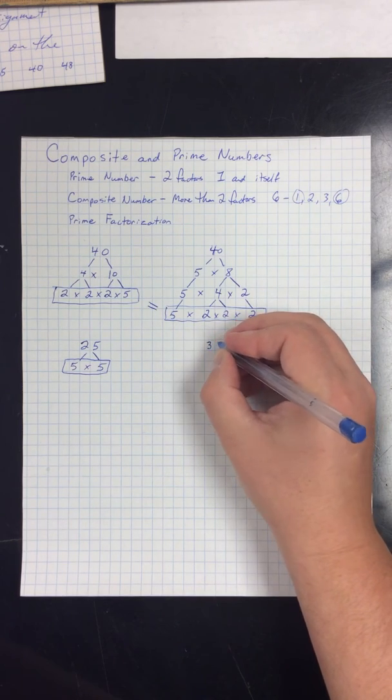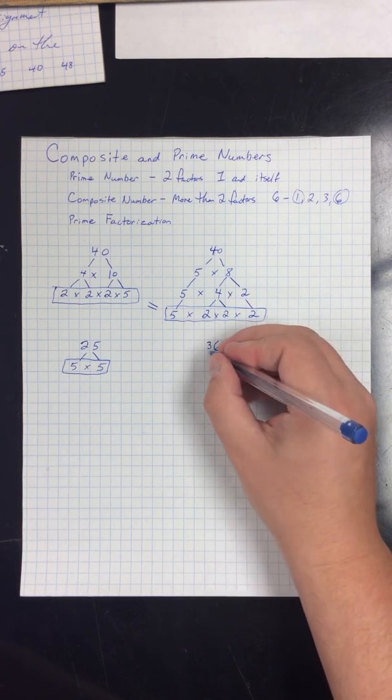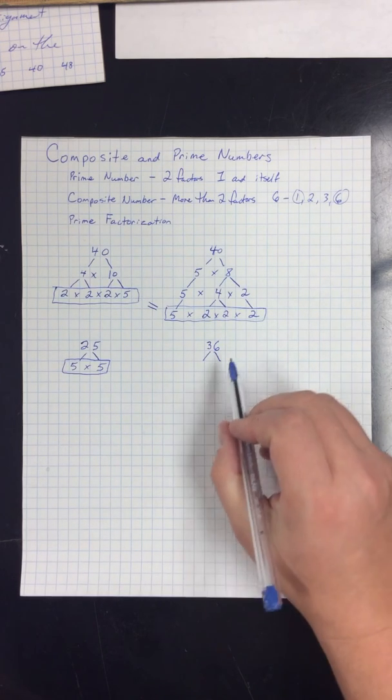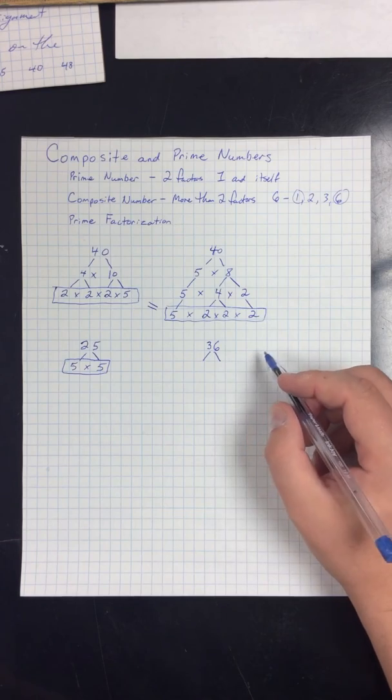Some numbers take a little bit more work, like 36. A strategy to use is to try to think of two larger composite numbers that divide into 36.